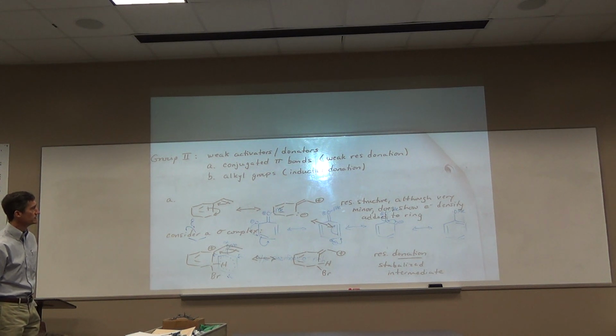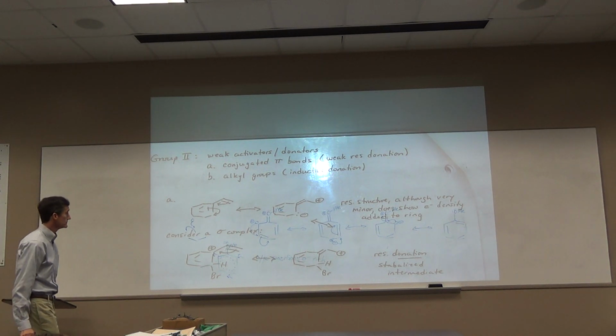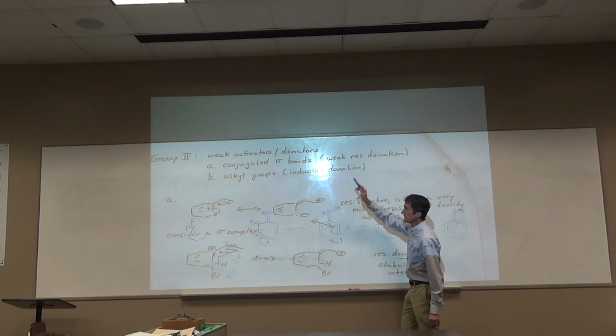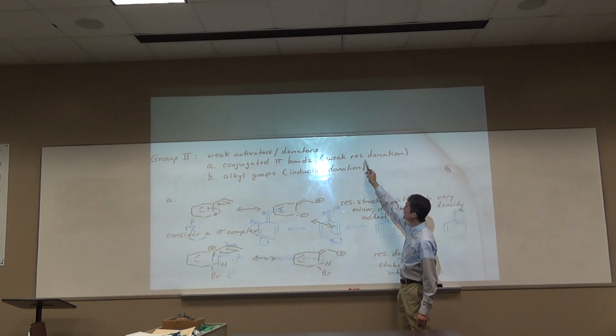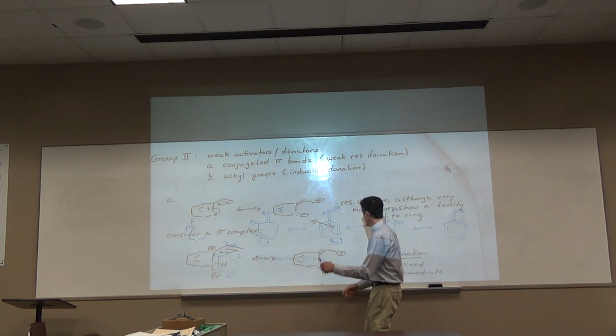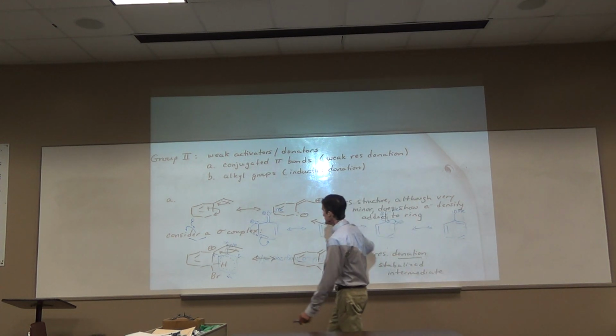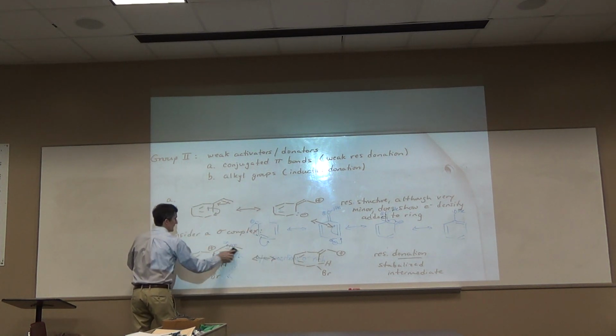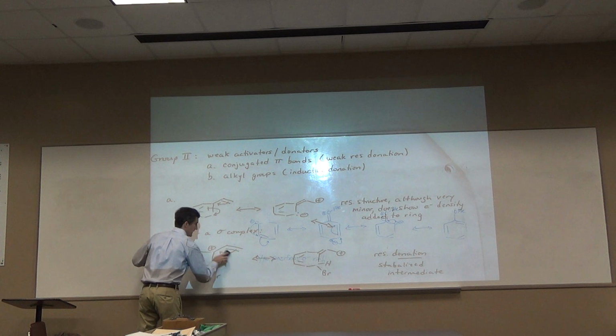These donate by induction, which is typically weaker than resonance. So both of these are weaker than group 1. This is going to be weak resonance. And since this is induction, it's inherently weaker than resonance. These are still donators.